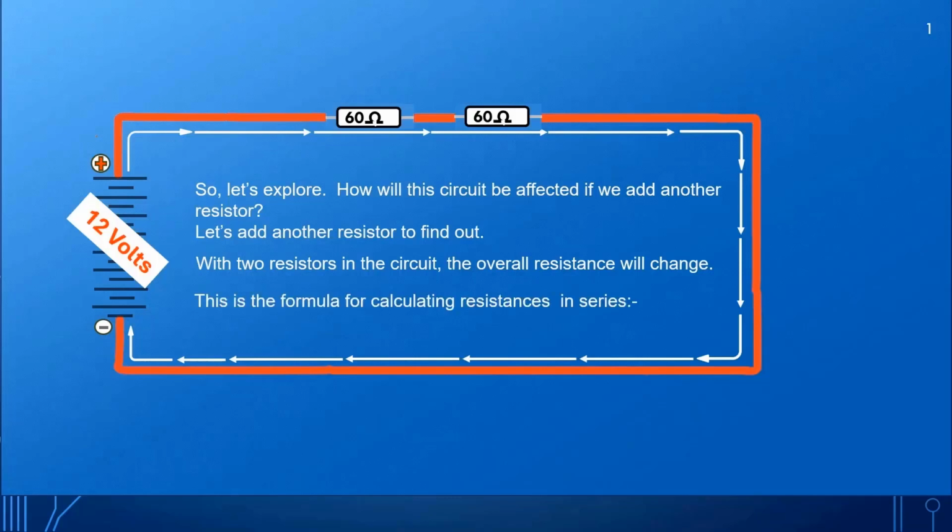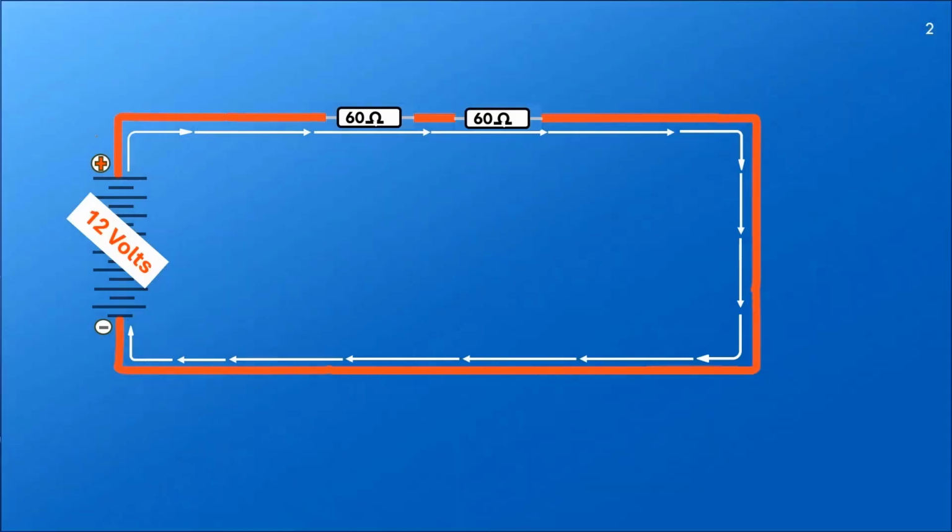This is the formula for calculating resistances in series. The formula is RT, meaning resistance total, RT equals R1 plus R2 plus R3 plus R4, etc. In other words, in a series circuit, the resistances are added together.